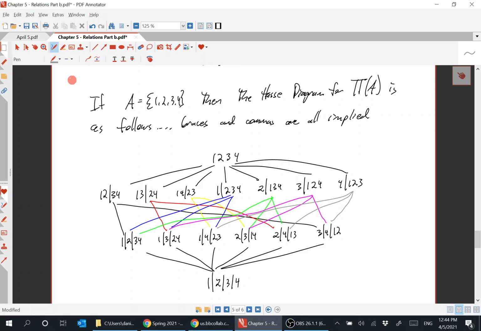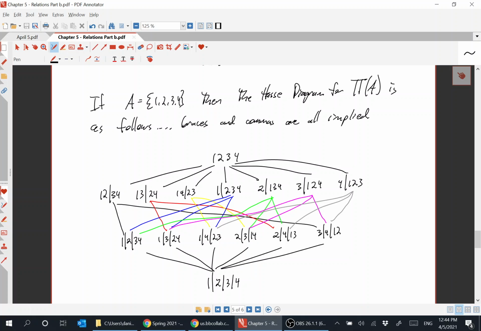So there's that partition lattice for a set of size 4, and it only gets more interesting as you go on. By the way, notice this partial order has levels.